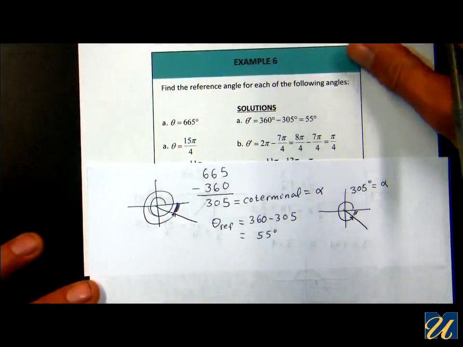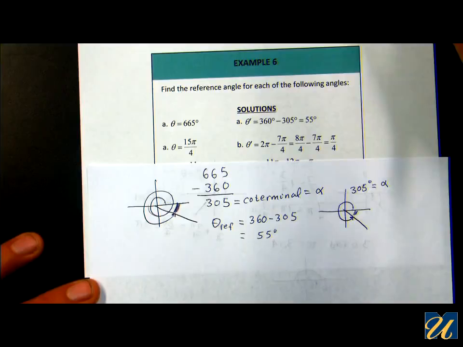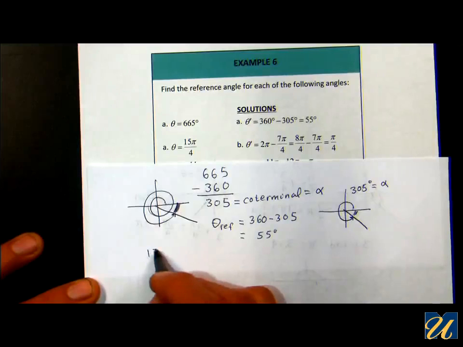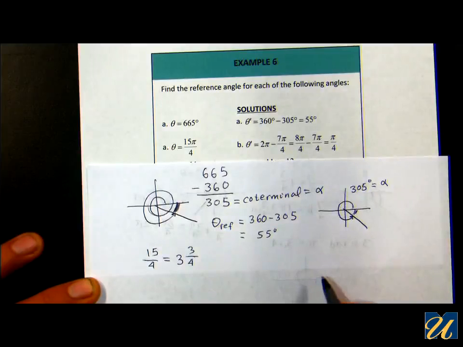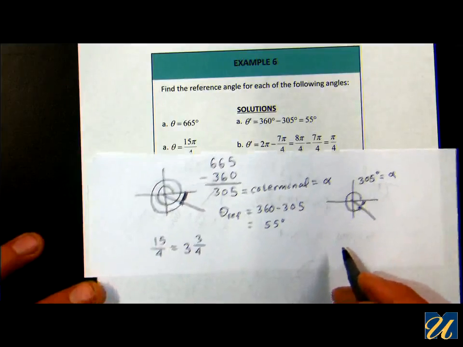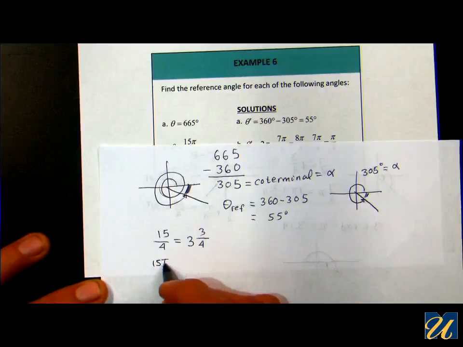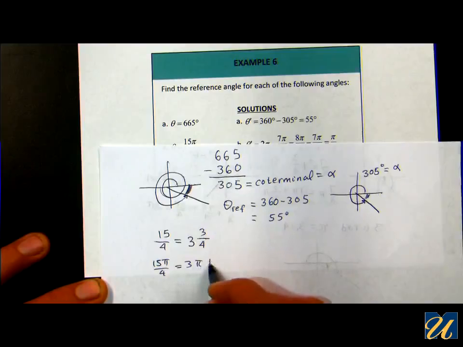If we have a 15 pi over 4 angle, okay, how big is 15 pi over 4? So you can think of 15 fourths as 3 and 3/4. So 15 pi over 4 will be 3 pi plus 3/4 pi.